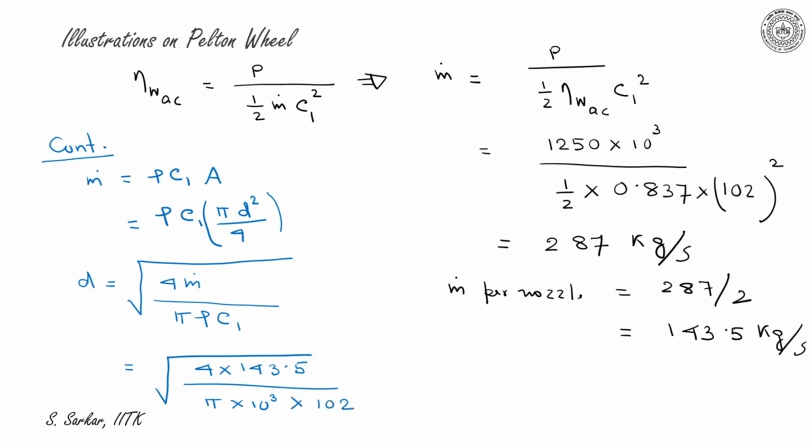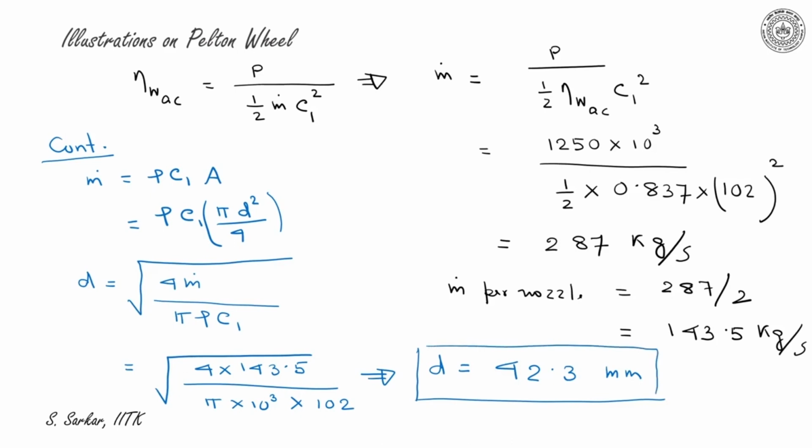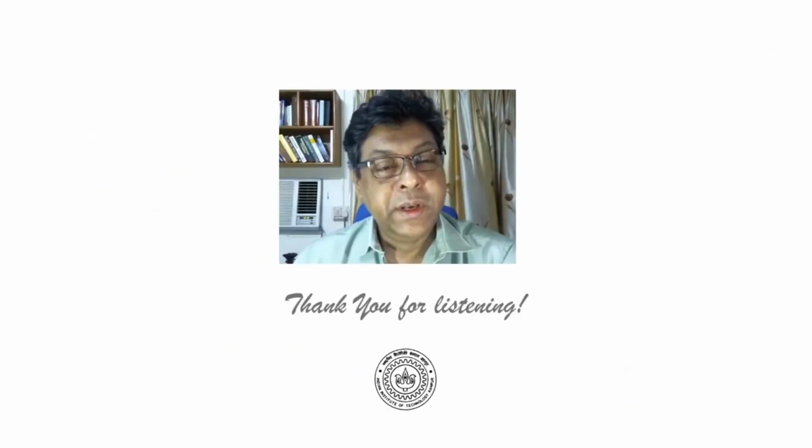If you do this calculation, I have got d as 42.3 millimeter. So this is another answer. The diameter of the jet here is 42.3 millimeter. So thus I have solved the problem. I have solved two problems here pertaining to Pelton wheel. Thank you for listening.